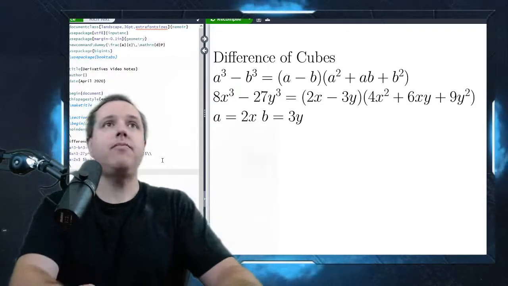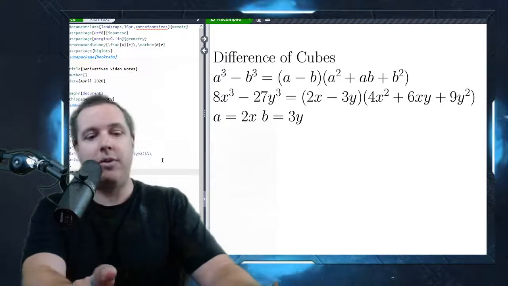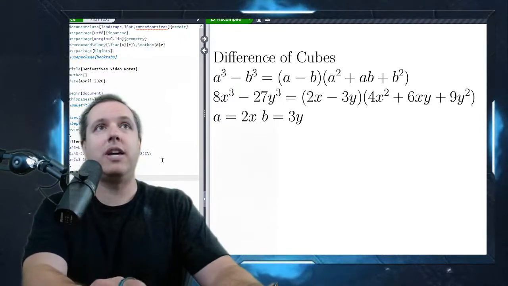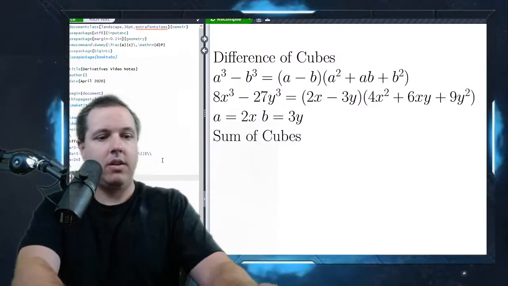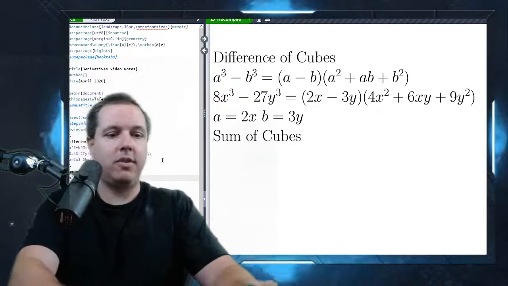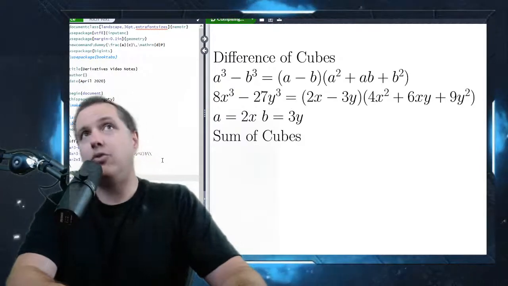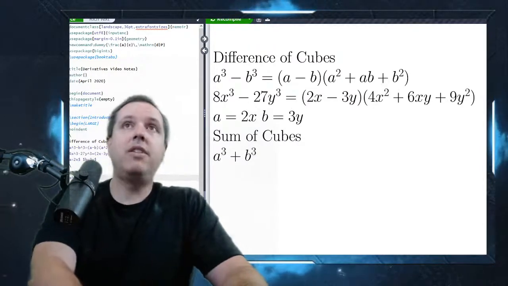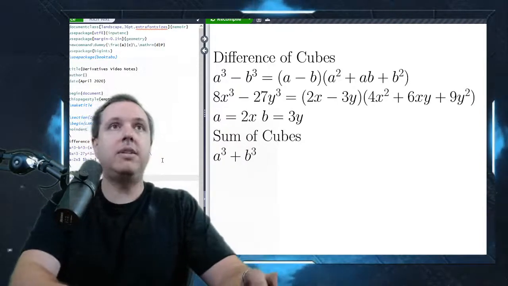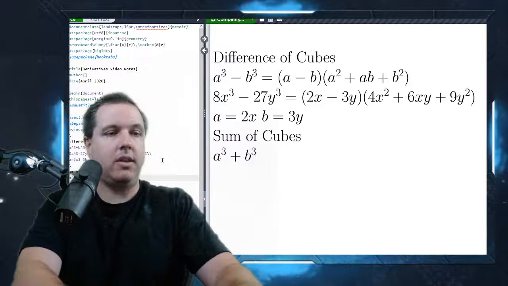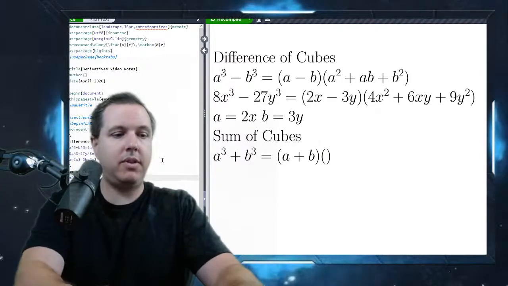Okay? So now we look at sum of cubes. So guess what sum of cubes look like? Can you guess? It's going to be where we have two cubes being added together, right? It's literally a sum of two cubes. And this factors as a plus b, a squared minus ab plus b squared.